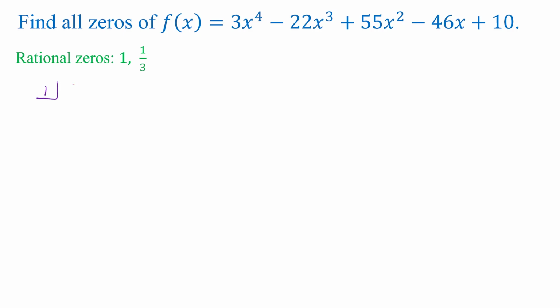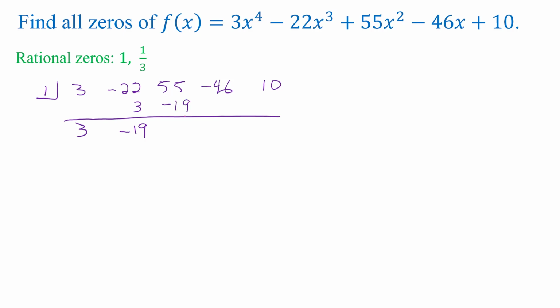f of x has coefficients of 3, negative 22, 55, negative 46, and 10. I bring down the 3. I get negative 19 here. And then 55 minus 19, I next get 36, negative 10, and a remainder of 0.